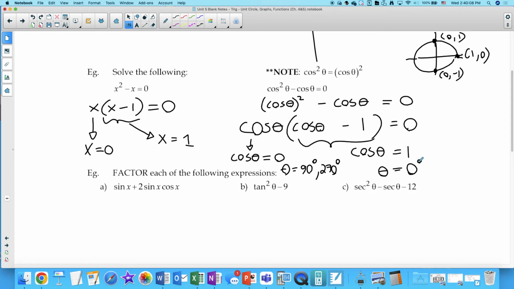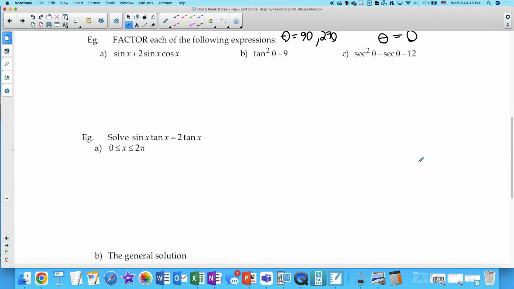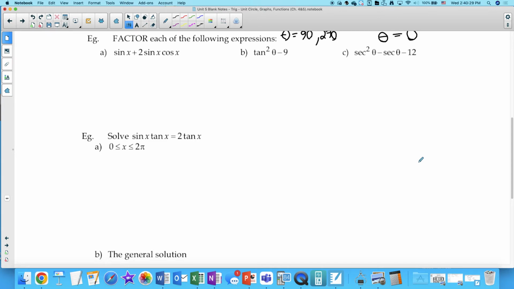What we're going to do next is just practice factoring, and then we'll start to solve more trig equations. So there's no equation here. There's nothing that equates to 0. We can't actually solve this for anything, but all we're going to do in this step is practice the factoring piece.